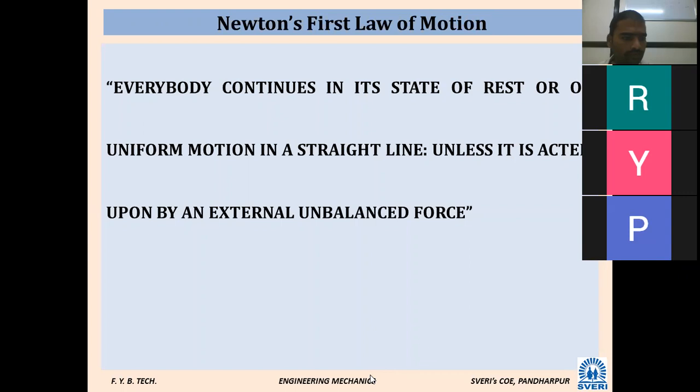20, 21, 22. 34 is absent. 41, 42 absent. 52. 55.